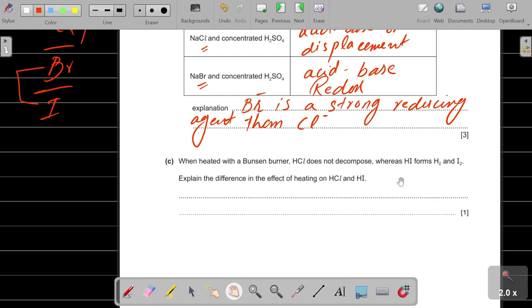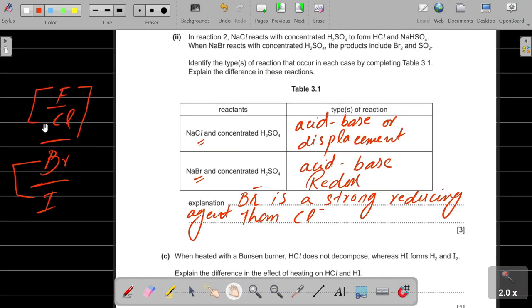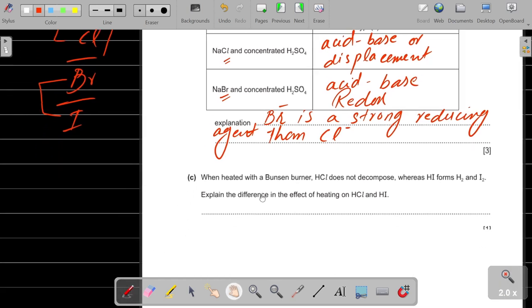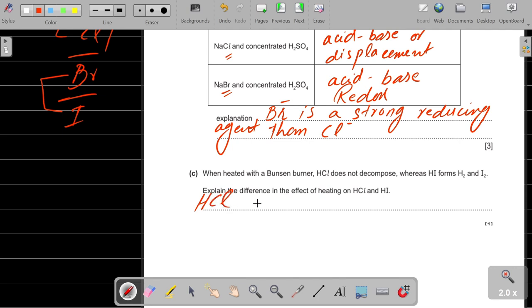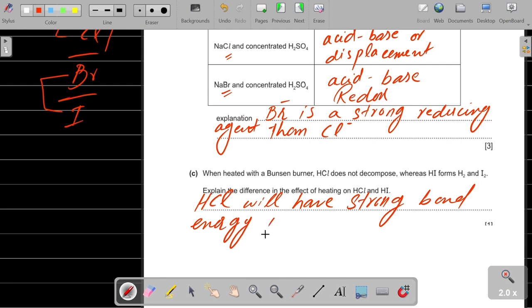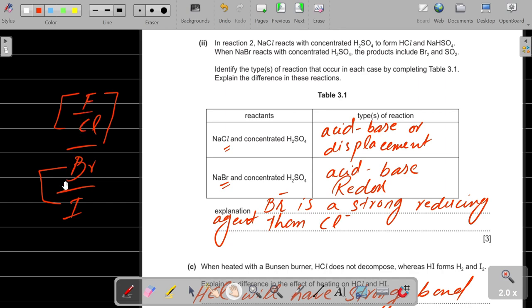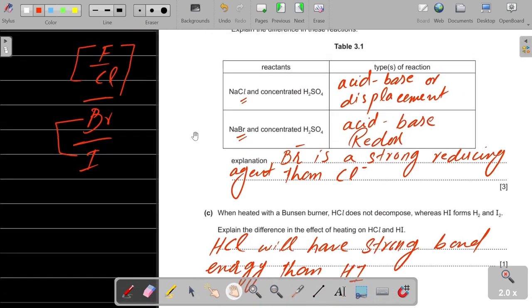It means HCl is more stable as compared to hydrogen iodide because there are strong electrostatic forces, and here we will have weaker forces. So HCl will have stronger bond energy than hydrogen iodide, because if we see their trend from top to bottom, electronegativity is decreasing, so bond energy also decreases down the group. So now we have the next question.